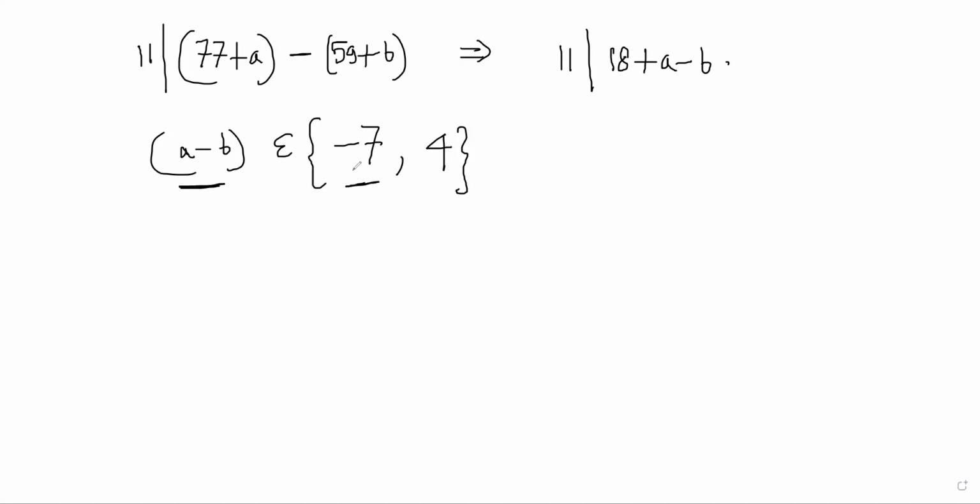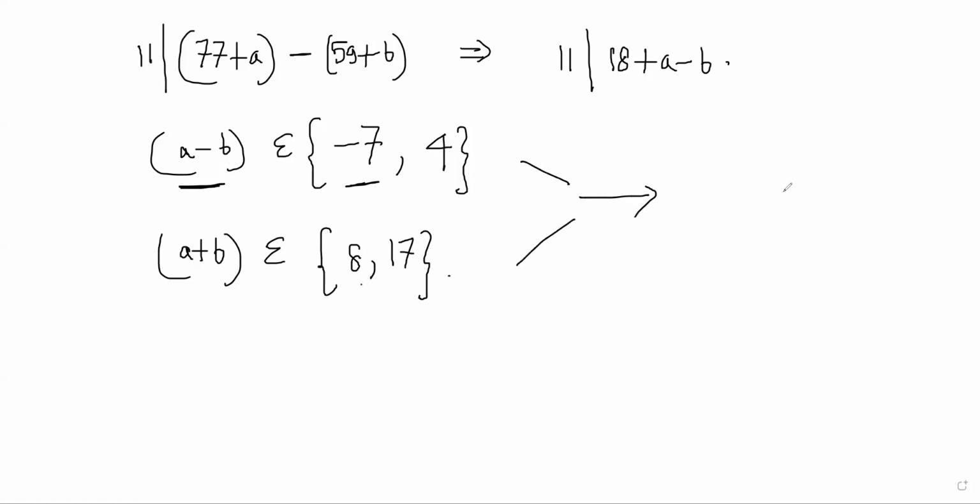That's possible. And earlier we had gotten A plus B could be 8 or 17, right? Now you have to take all the possible cases here. A minus B is minus 7, A plus B is 8, and see what the possibilities are. See what the possible numbers for A and B are. You will realize that there are two solutions that come. The A and B ordered pair could be 6, 2, or it could be 5, 12.